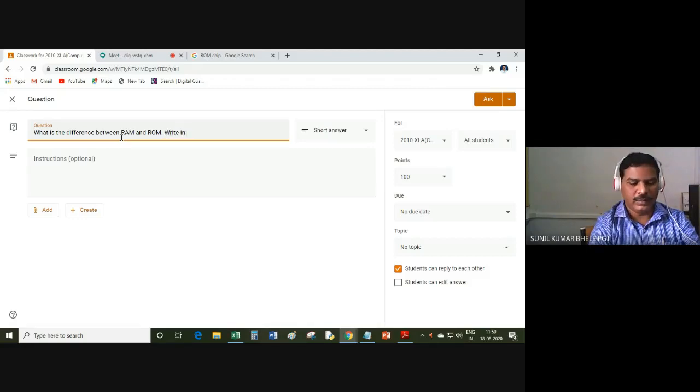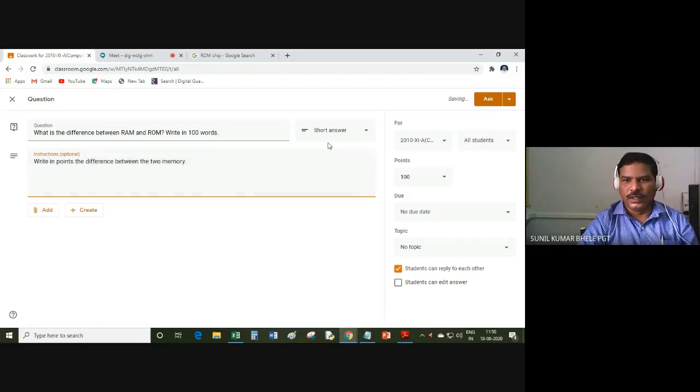Write in, suppose, 100 words. So I will write in points the difference between the two memories. And I can assign this as a short answer, and I can assign it to all students.